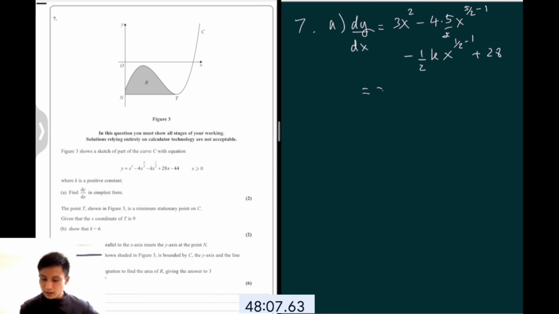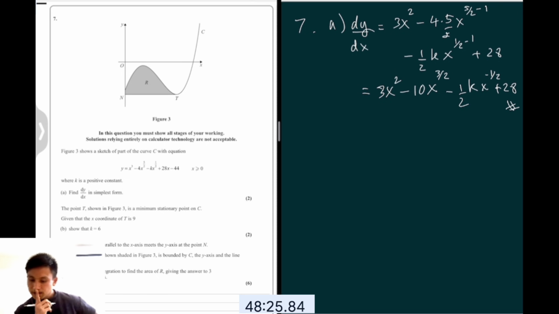Simplest form would be 3x squared minus 4 cancel 2, I get 10, so 10x to the power of 3 over 2, minus 1 half k x to the power of minus 1 over 2, plus 28. That's it. Let's see if I made any mistakes there. I shouldn't be making any mistakes.